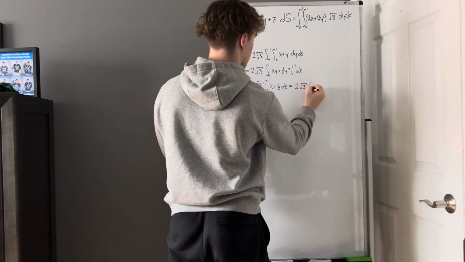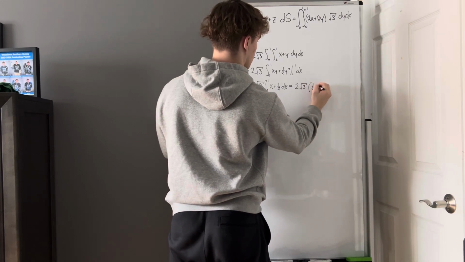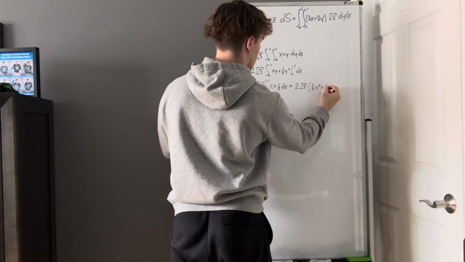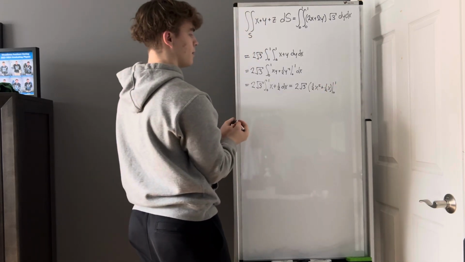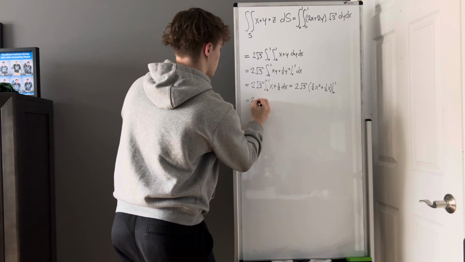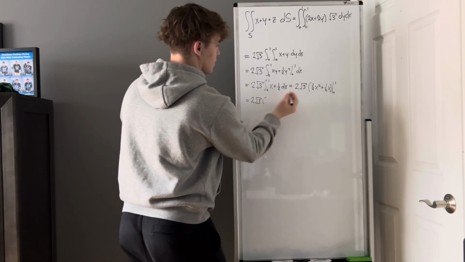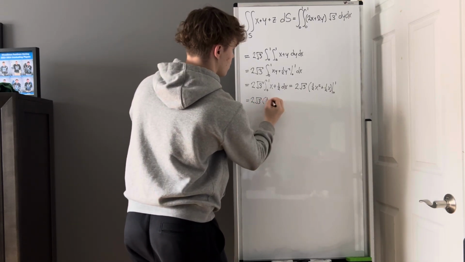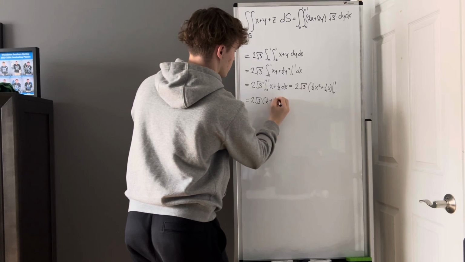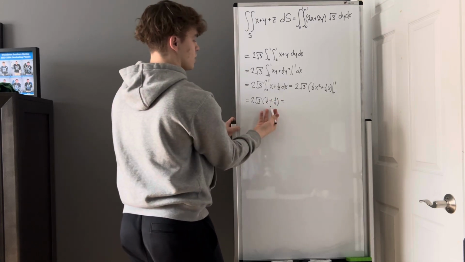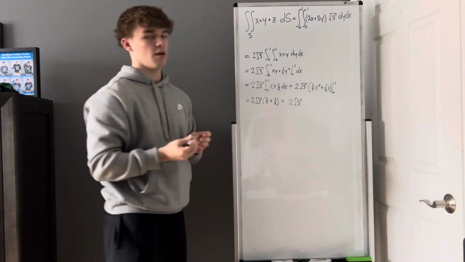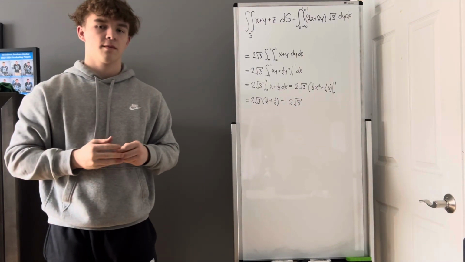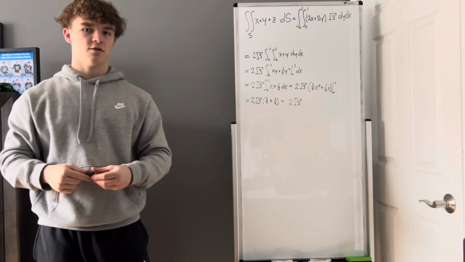We will get 1/2 x squared plus 1/2 x, evaluated from 0 to 1. This will give us 2√3 times 1/2 plus 1/2, which is just 1. Our final answer is 2√3. So that is surface integrals.